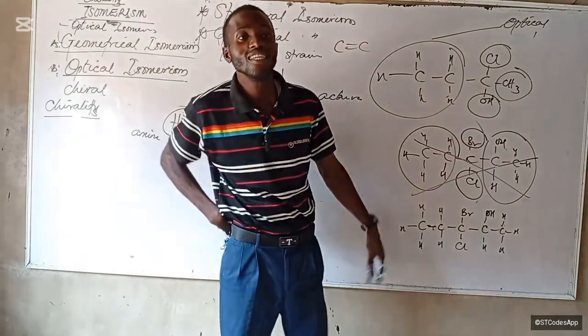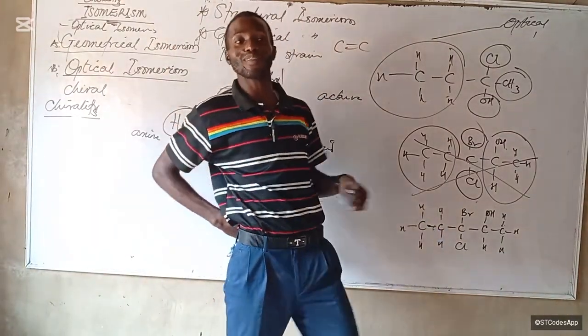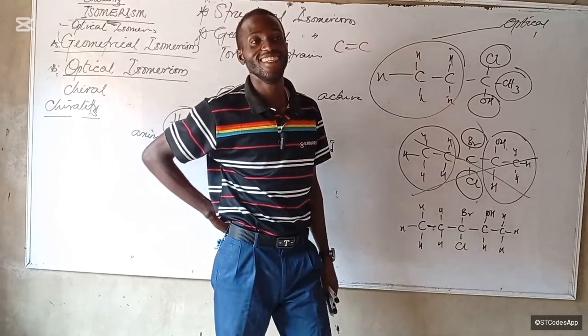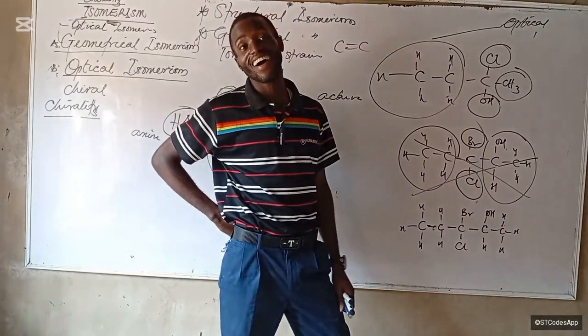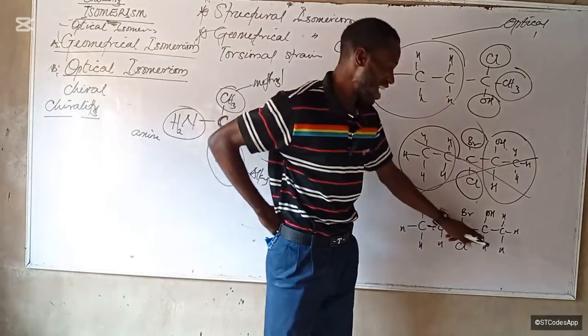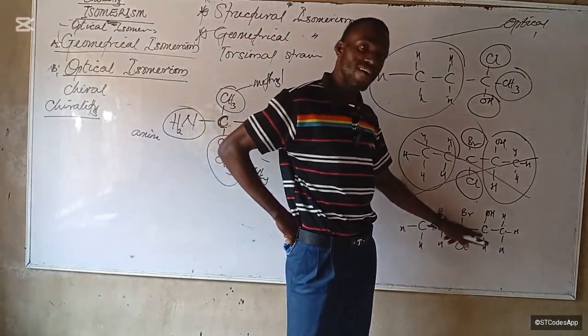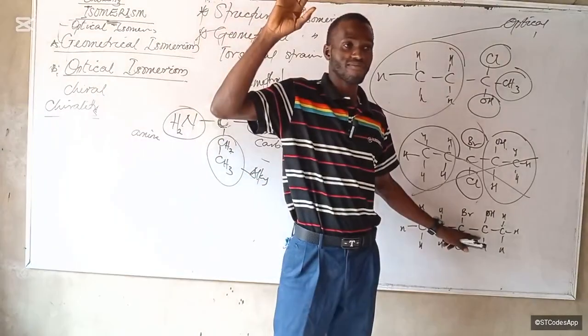Which one are you? You are not chiral, you are not achiral. What do you want to be? You want to be chiral. All right, now let's see. How about this carbon? Who says achiral for this carbon? Raise your hand.